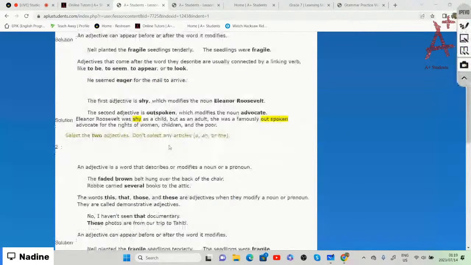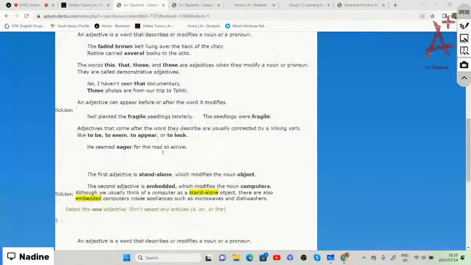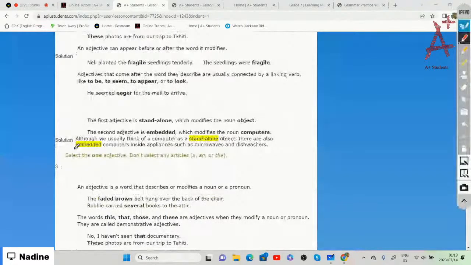All right, if we go to the next sentence, let us check how they have identified the adjectives within the sentence.